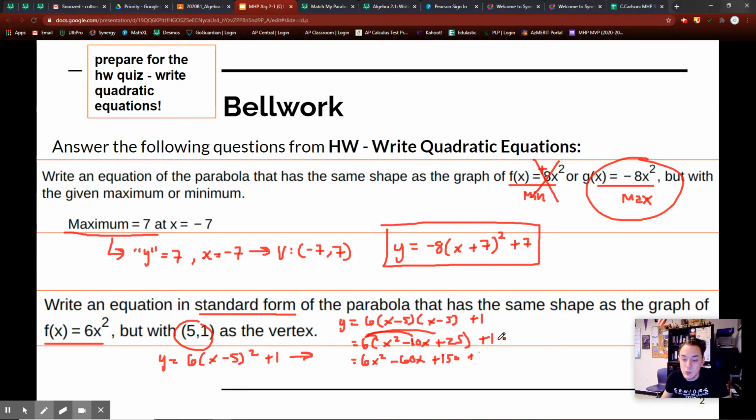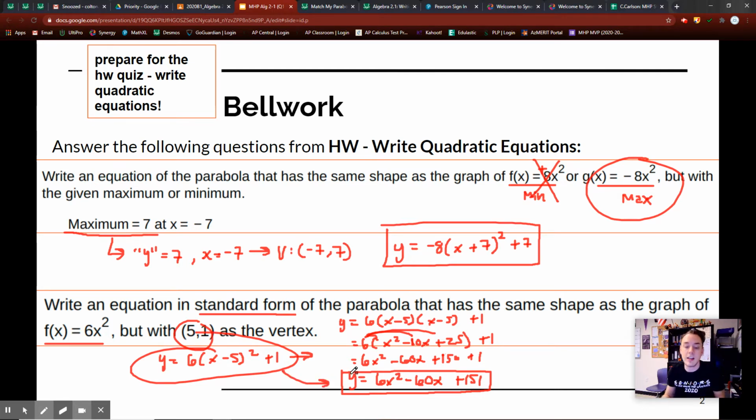And then I have plus 1, so altogether y equals 6x squared minus 60x plus 151. So this is my final standard form. This is my vertex form, sure, but that's my standard form there. And if you wanted to check it, you could plug both of them into Desmos and check it. If they're the exact same graph, that means they're the exact same equation. Awesome.